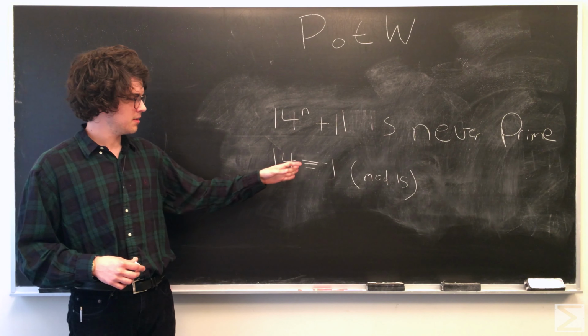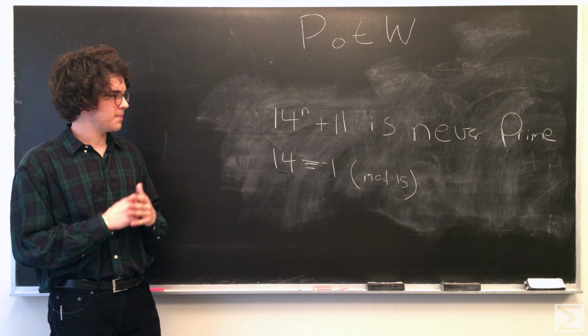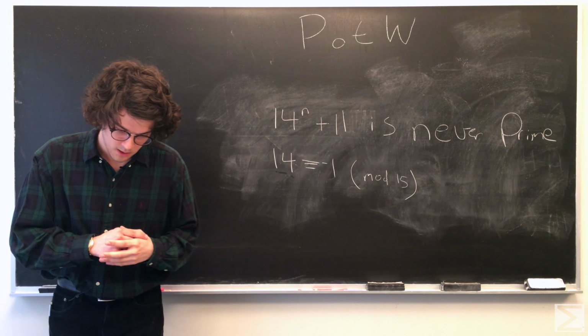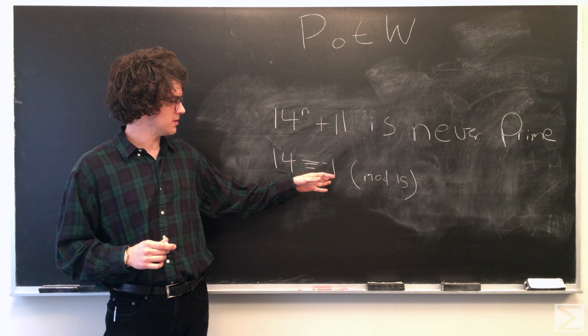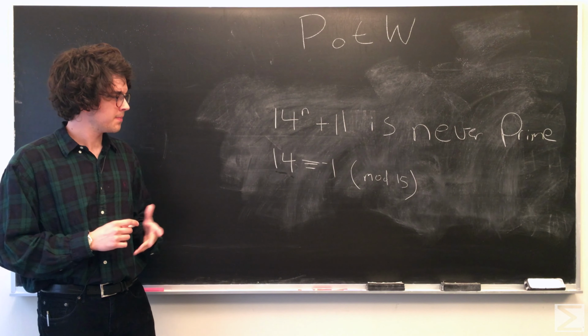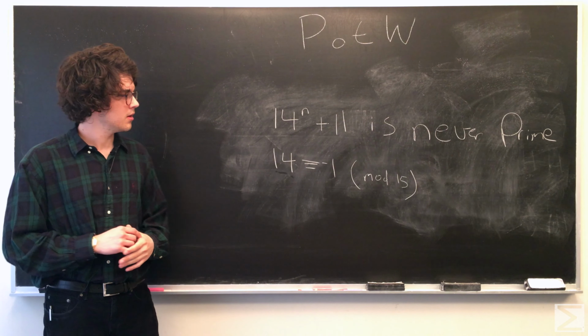And 14 being congruent to -1 mod 15 means that when n is odd, this is going to be congruent to -1, and when n is even, this is going to be congruent to 1 mod 15.